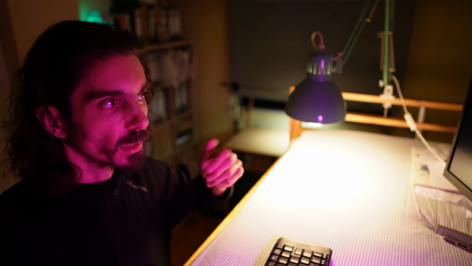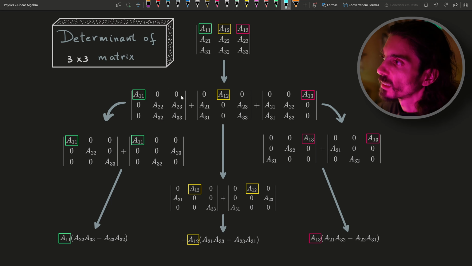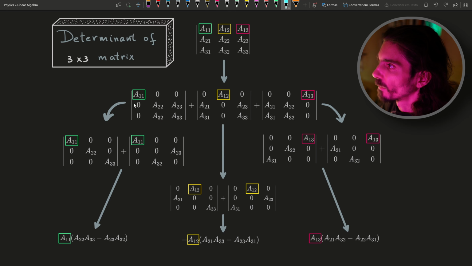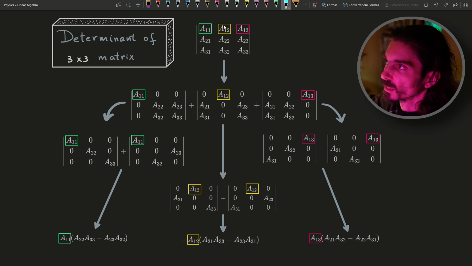Now let's look one at a time at these determinants. From this one here, let's focus on the second row. And let's choose this entry here. The others are zeros. So if I choose this entry, I have to put 0 here and here, just like I did in the first step from here to here.